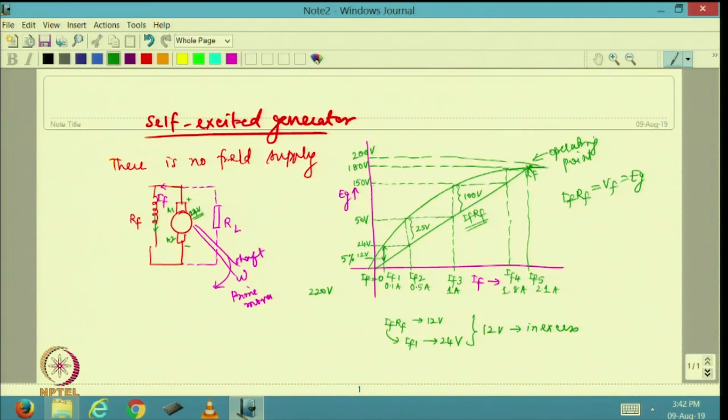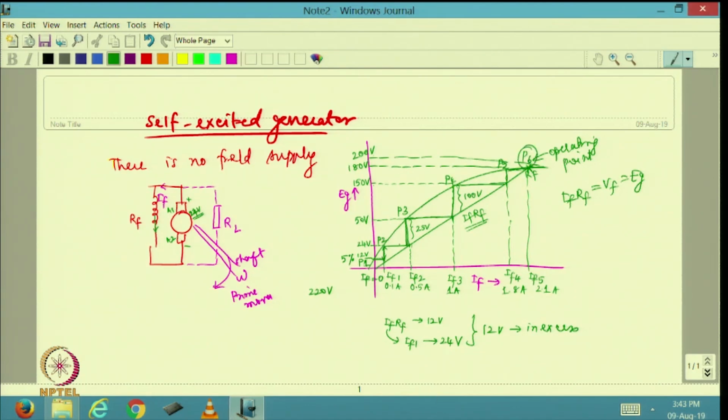So, please note, the initial operating point was this, from that it went to a higher field current, from which it stepped up to this particular value. Then from here, I can say this was the operating point P1, then it came to P2, then P3, from there P4, then P5, and from there it went to P6, which is the final operating point.